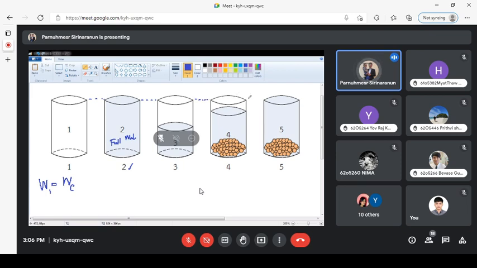This concept is in lab number 3. The weight of state 2 equals what? Equal to the weight of the container plus the weight of the full water. Okay.